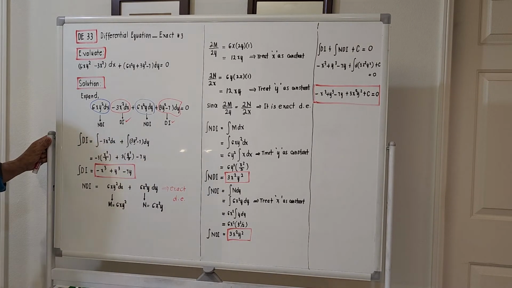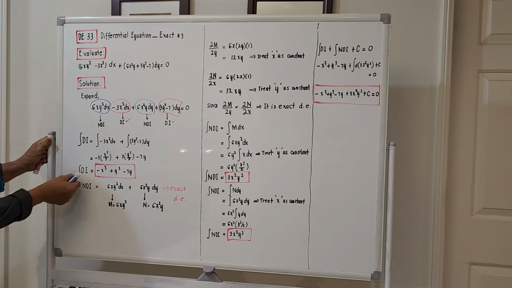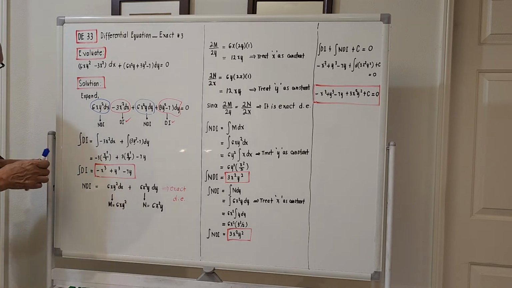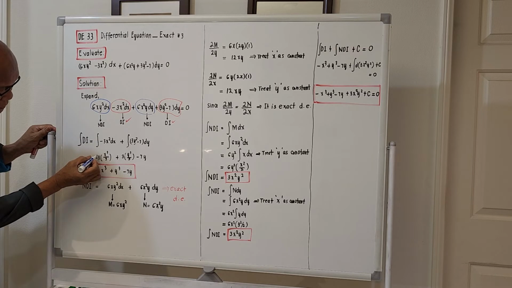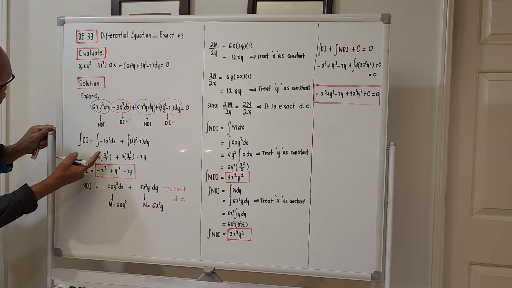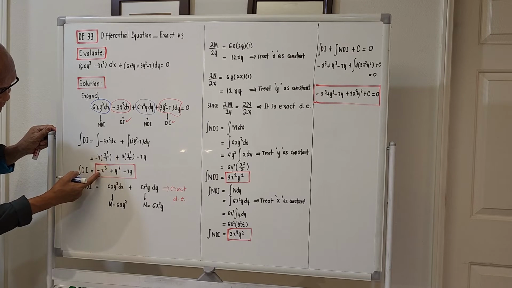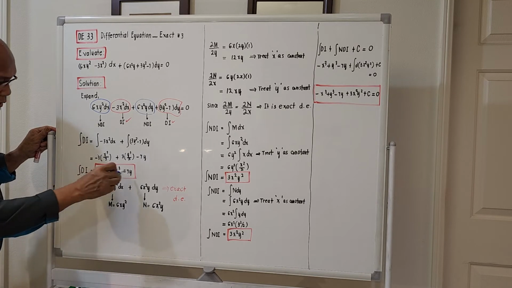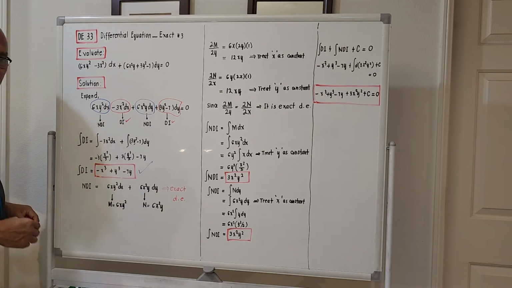Simplifying the integral of those directly integrable, a part of the solution is negative x cubed plus y cubed minus 7y. These 3 cancel, right? And this 3 cancels. So it will remain simply negative x cubed plus y cubed minus 7y. This is the first part of the solution.